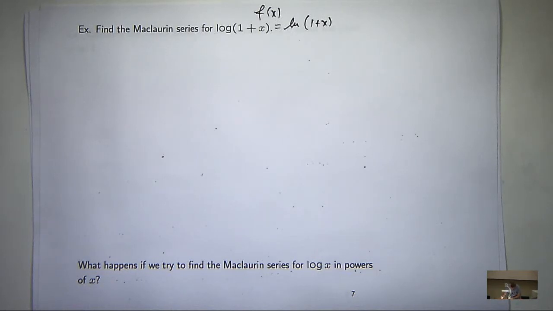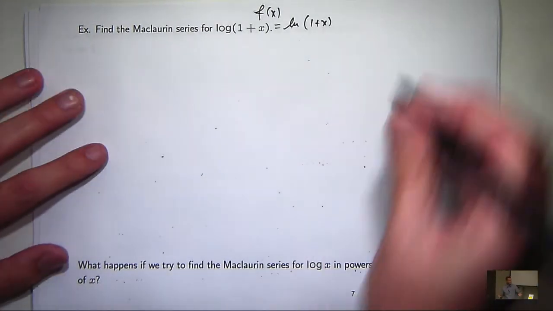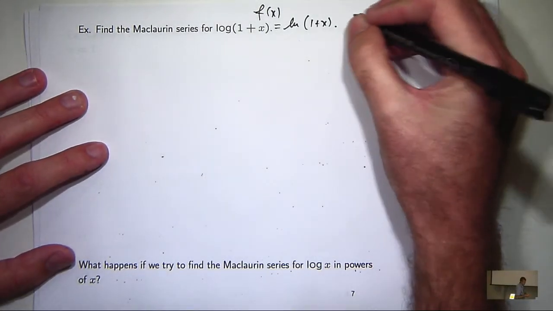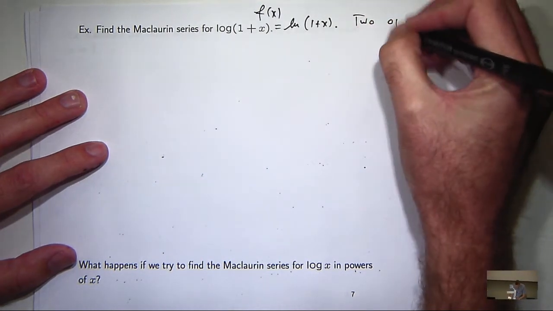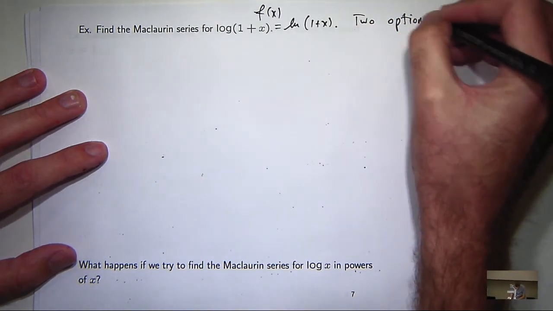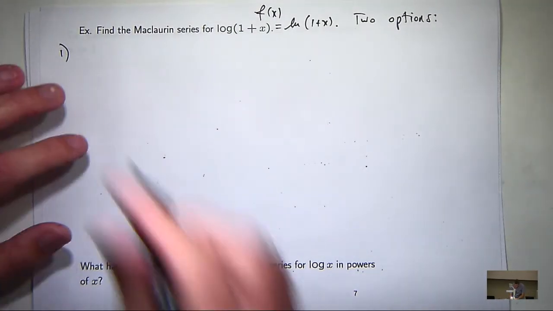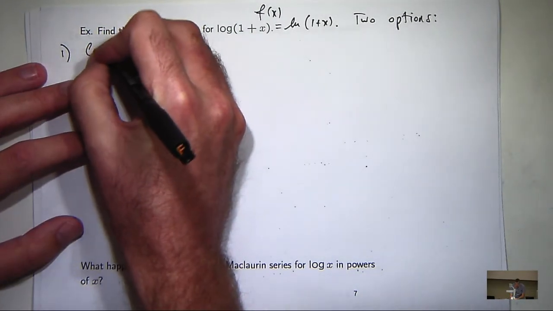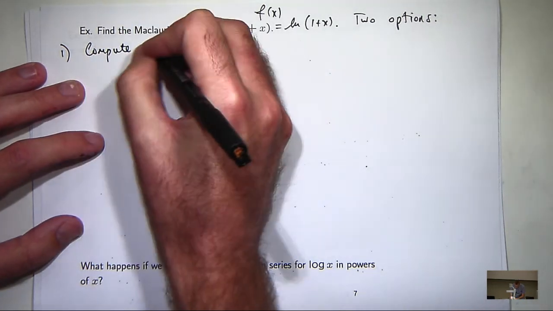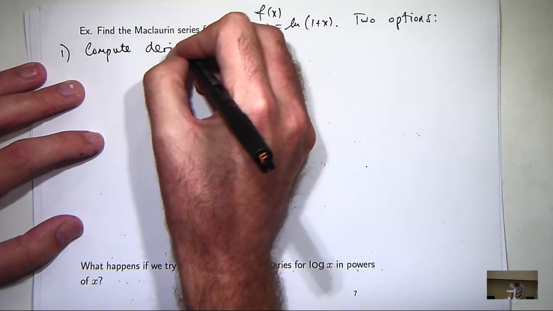So if you want to, you can just form another table and write out your derivatives down one side and their value at 0 down the other. I'm not going to do that. I'll just give you the general setups.